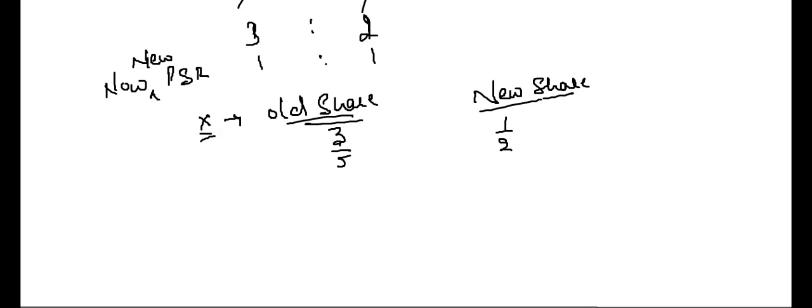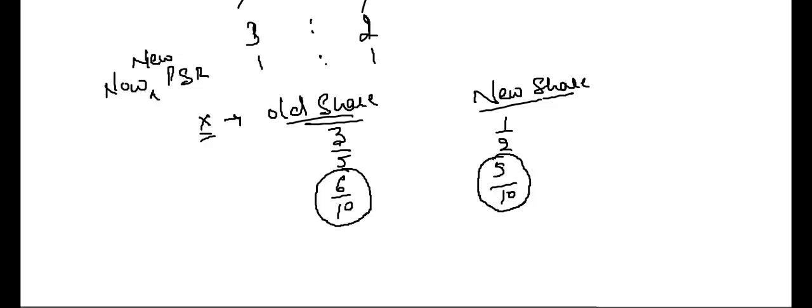Now which one is more? If I take a common denominator, it will become 6 by 10 and 5 by 10. That means earlier X was getting 6 rupees against 10. Now he will be getting 5 against 10. Is he at a loss or gain? He is at a loss.